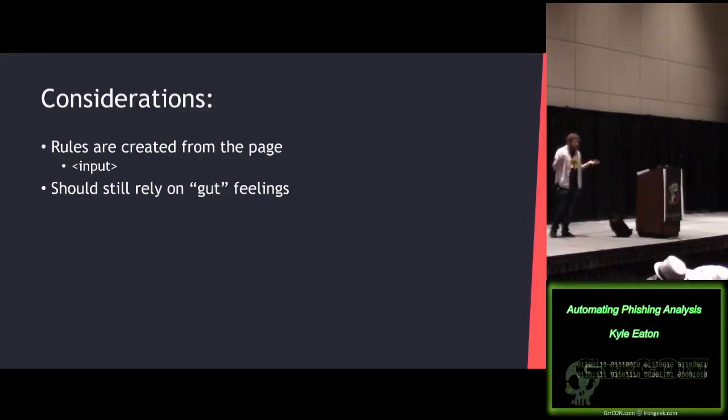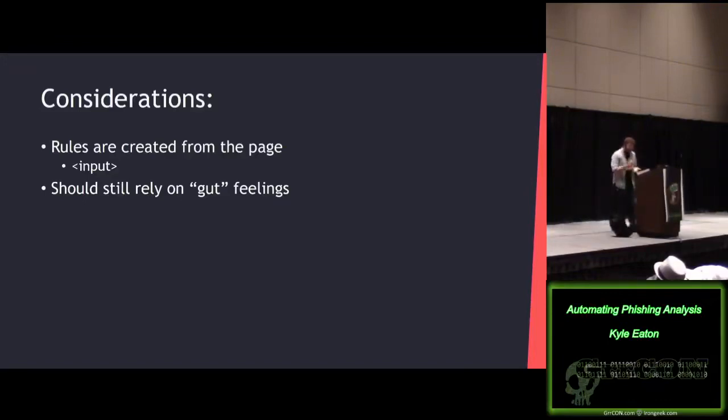As far as I know, there could be an issue with Beautiful Soup and Python, but as far as I know, we don't have to worry about that. However, this stuff is still attacker controlled, so the input fields could very easily be named after something incredibly benign. They could use the same input fields that Gmail uses, and if the rule is too broad, you might start alerting on people logging into Gmail, which is not what you want.